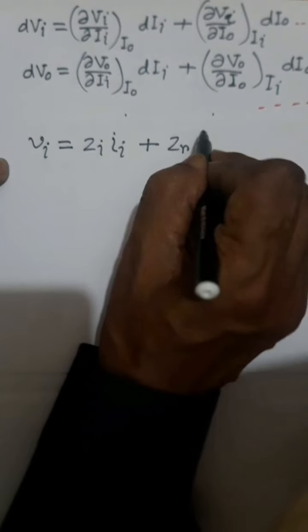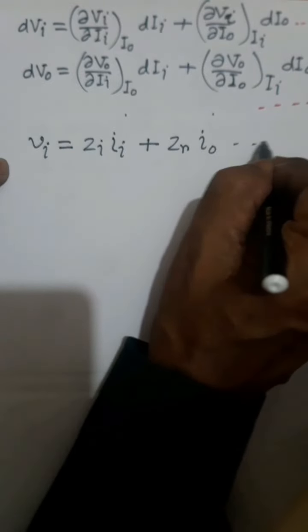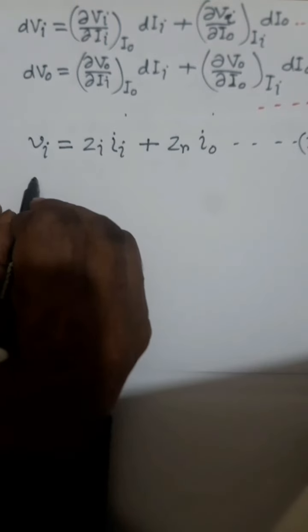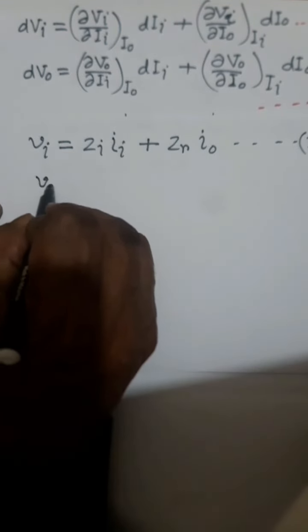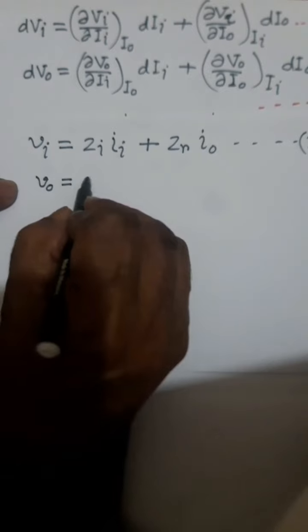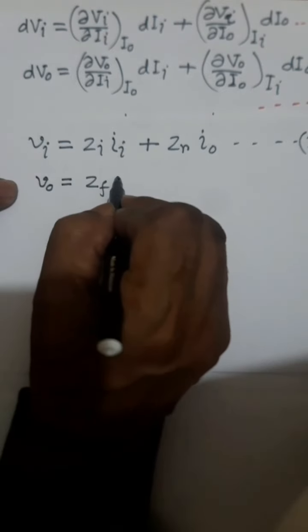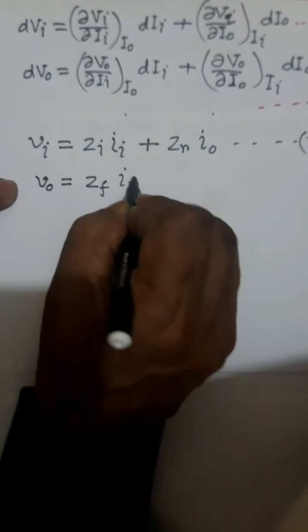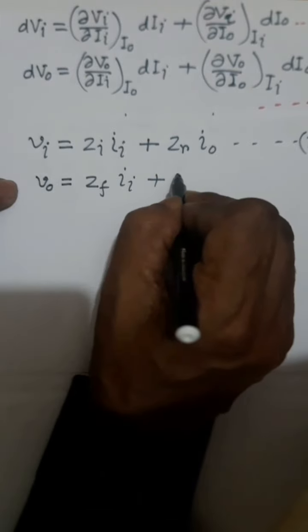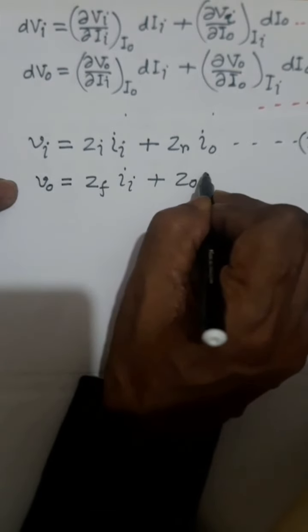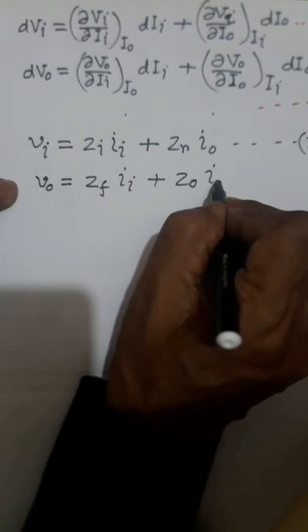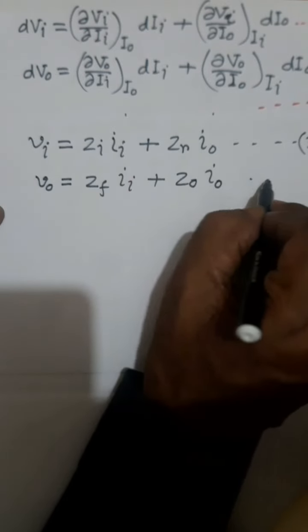This is equation number 3. Output AC voltage Vo equals Zf Ii plus Zo Io, equation number 4.